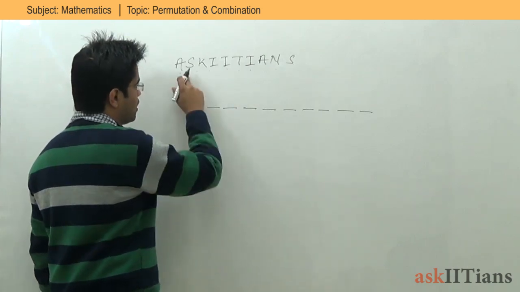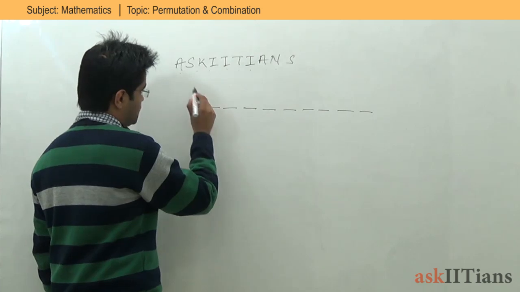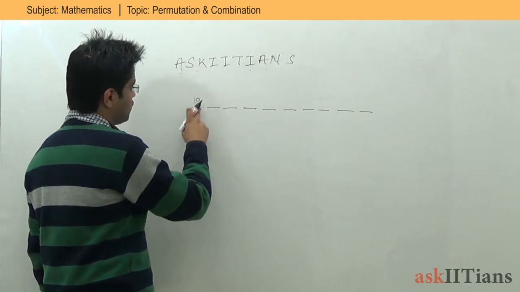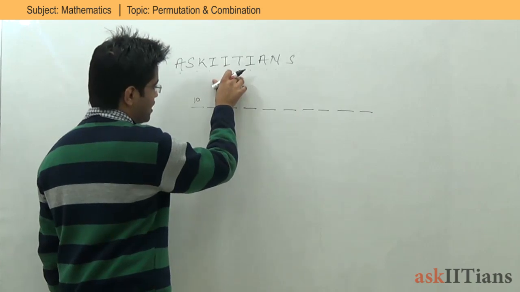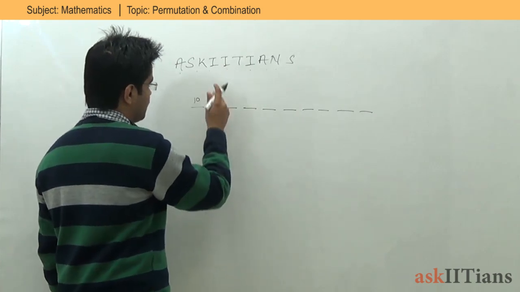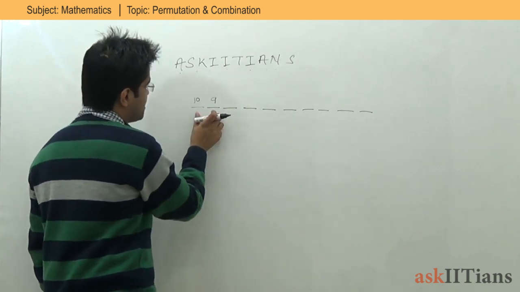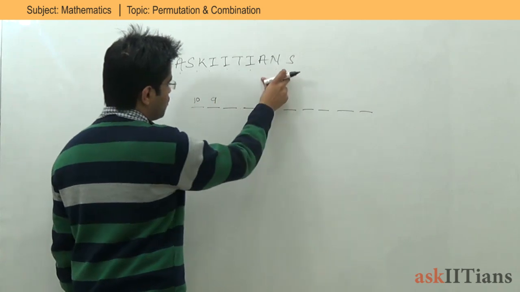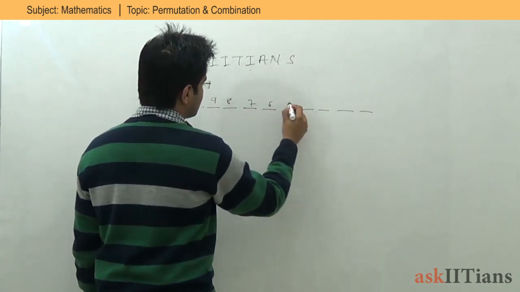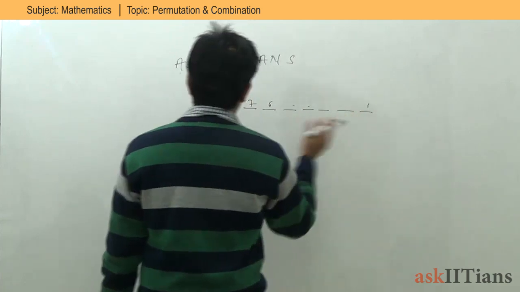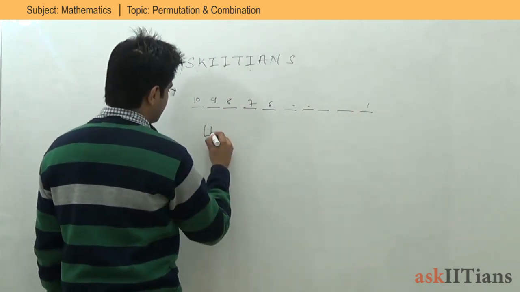For the first box, there are 10 options that can come. Suppose one of these 10 letters comes here, then there are 9 letters left. Then for this place we have 9 options. Then 2 letters have already come, and we have only 8 options left. So 8, and in this way 7, 6 up to 1. So this is factorial 10.